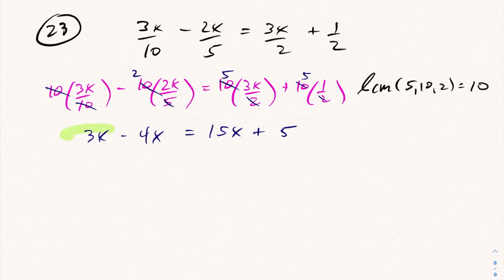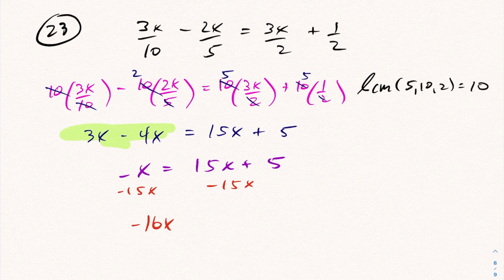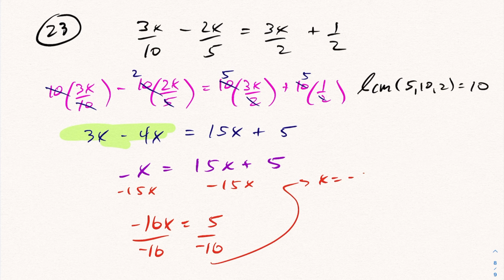Again, you should collect like terms where you can. These are like terms on the same side of the equation. That'll reduce to become -x is 15x plus 5. Now again, I want to solve for x here, so I'm going to subtract 15x on both sides. And this becomes -16x equals 5. Divide across by -16. And I get x is -5 over 16.